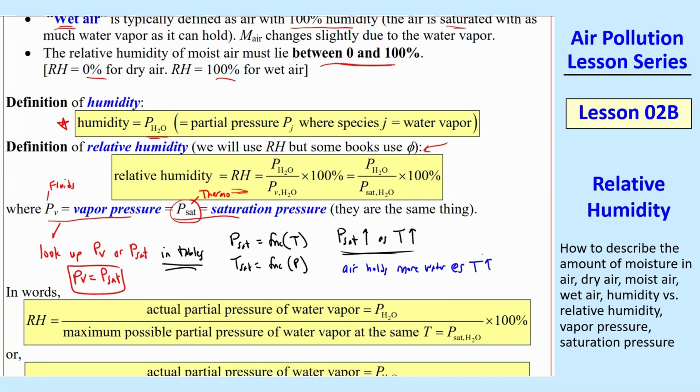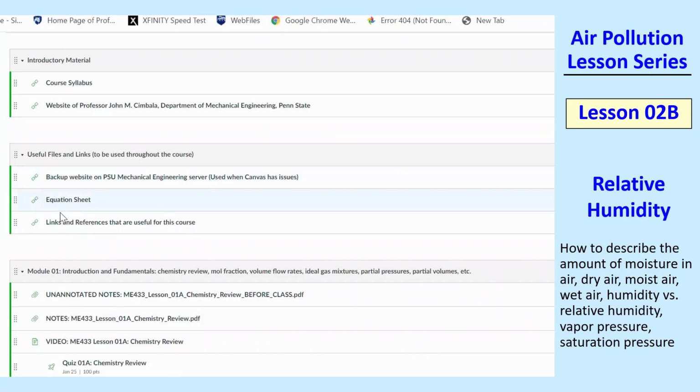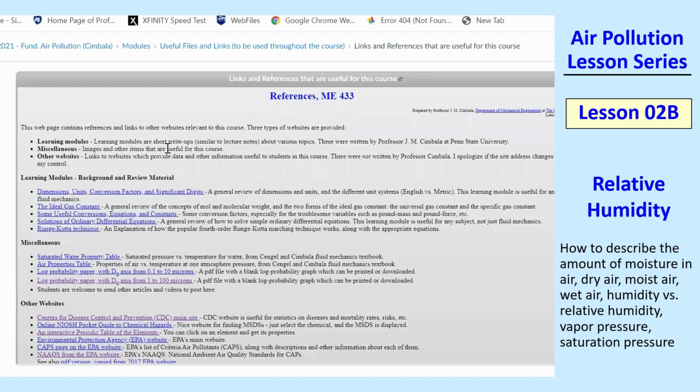So let's look at the table, and I'll just put a comment here. See the table on the website. You can use other tables, but for consistency, especially with quizzes, use the same numbers as I use. Make sure you use the same table. So I want to show you that. On the modules section of our course, you can click on links and references here, and that takes you to this reference page.